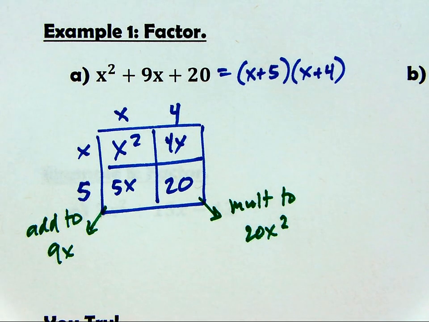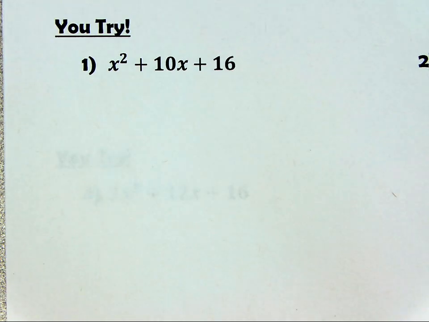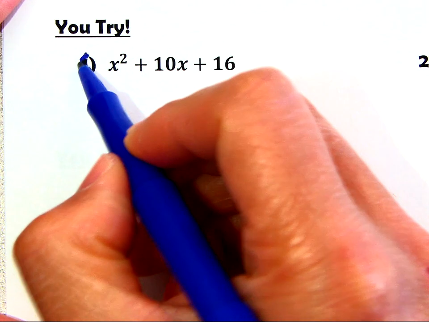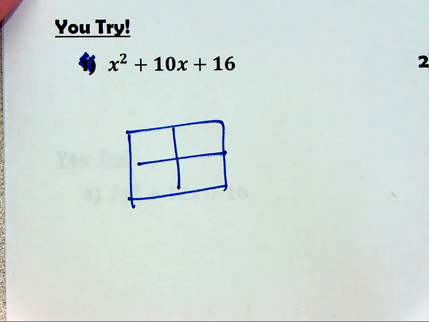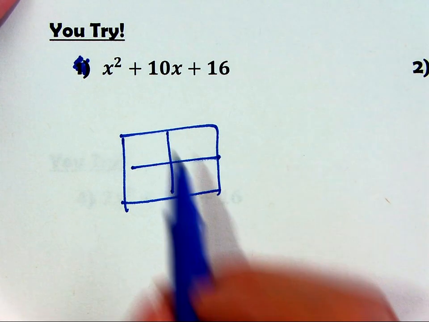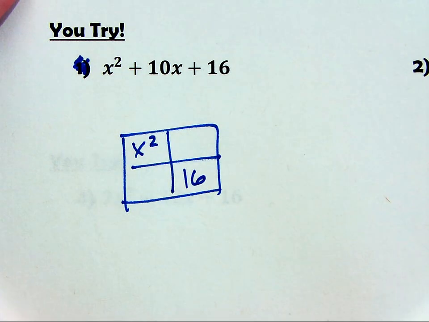Look at U-try number 1. Pause the video, try it yourself, and then we'll check answers. All right, so we've got a lot more space here. I was worried that first problem I was going to run out of space. So let's do x squared in the first box, 16 in the last box, and then write out those 2 clues.